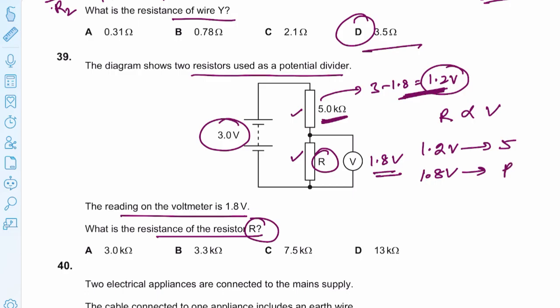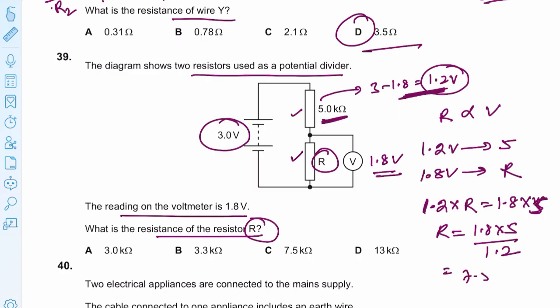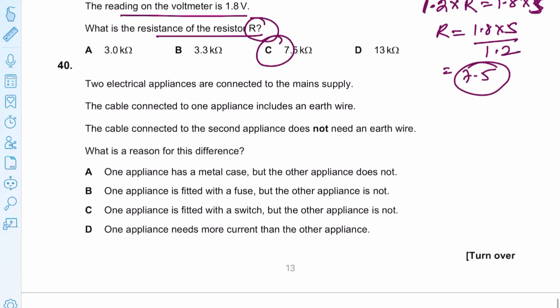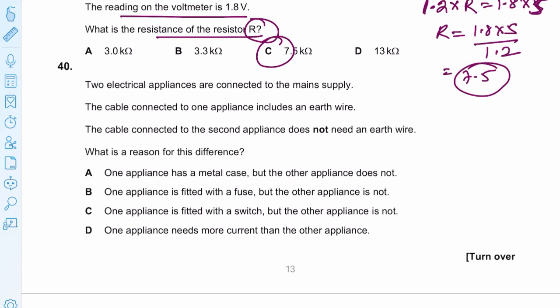So 1.2 times R equals 1.8 times 5. Sorry, not V, 1.8 times 5, my bad. So R equals 1.8 times 5 over 1.2. If you type this value, you will get 7.5. So C will be 7.5 kilo ohm. Got it?